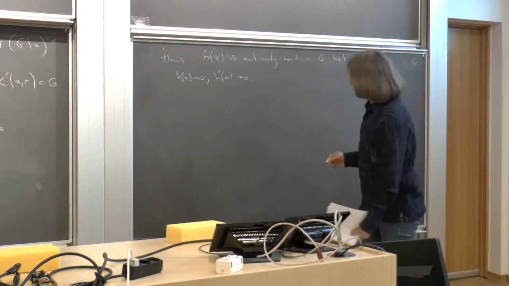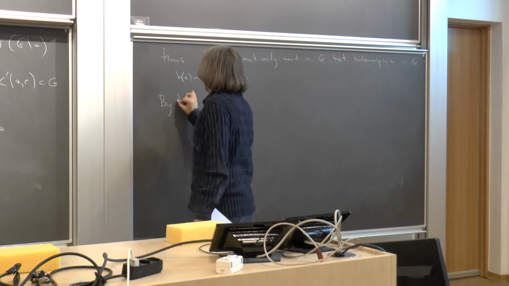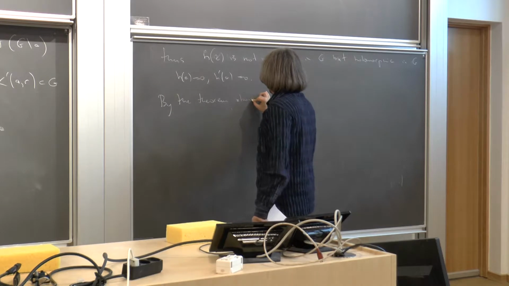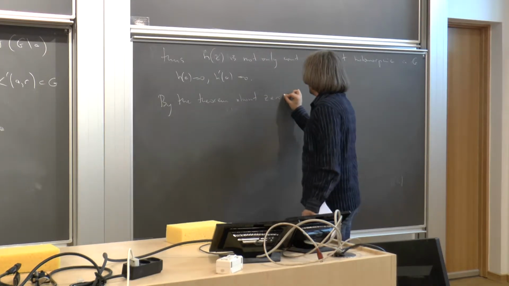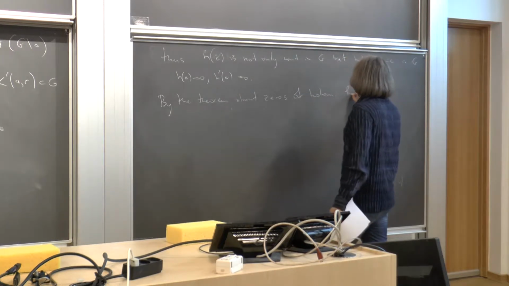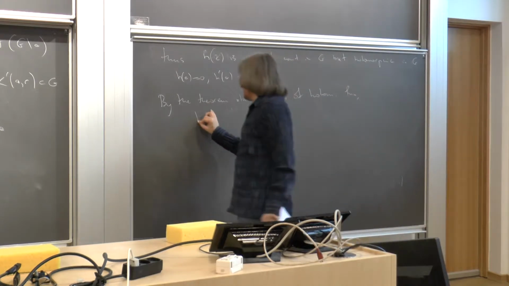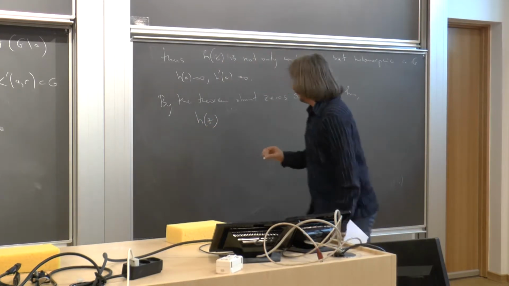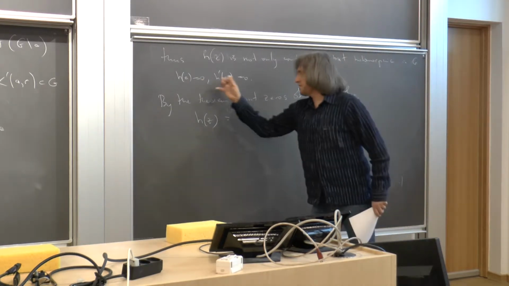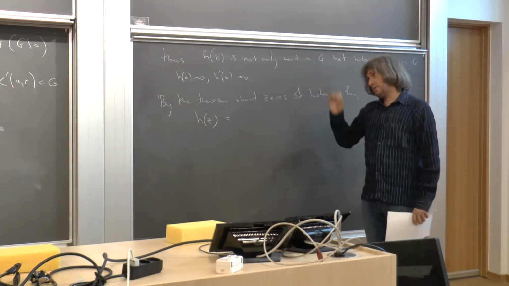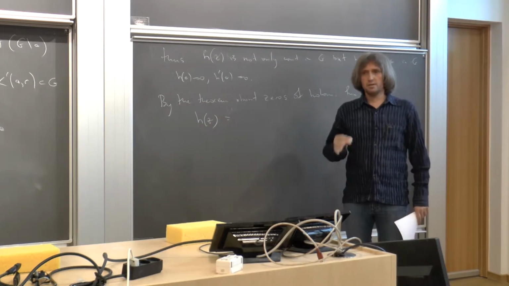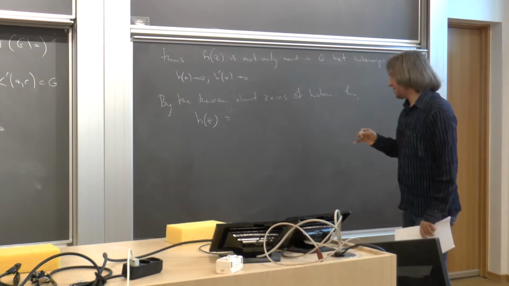Now recall the theorem about zeros of functions. Since the first two coefficients vanish, the Taylor expansion of h starts at least from the term with (z minus a) squared.